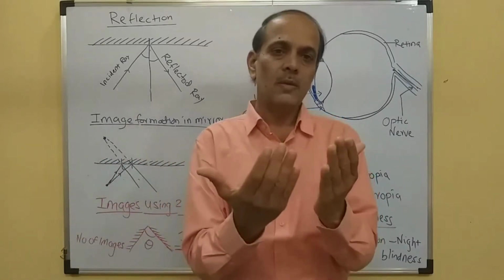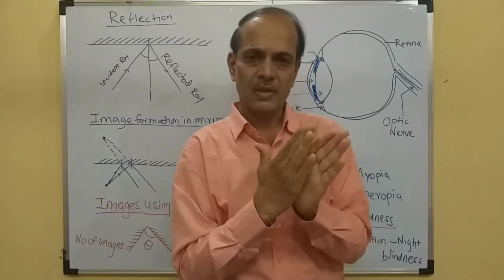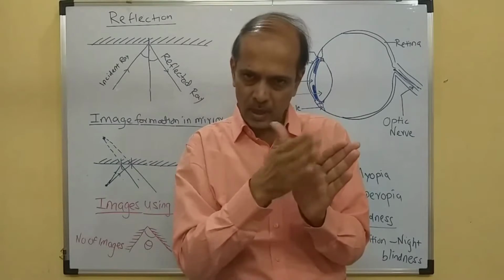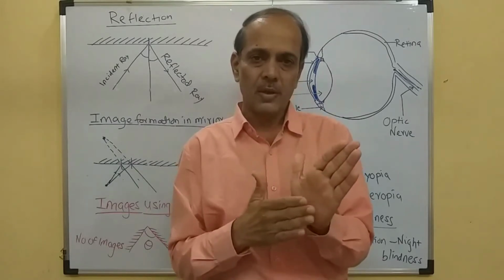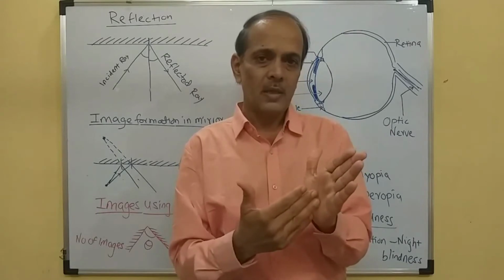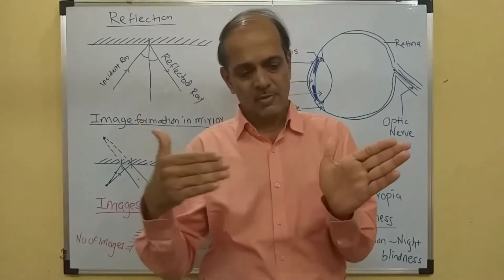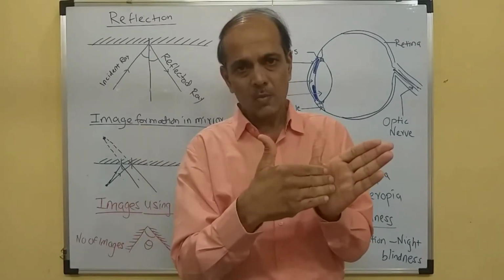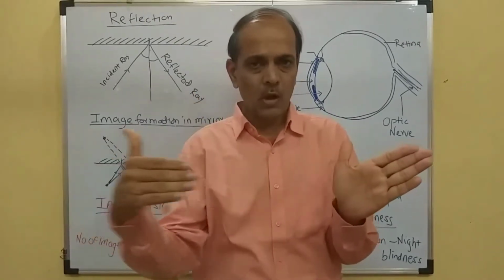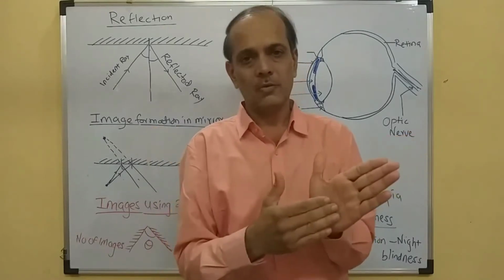When I use a mirror in front of me, a mirror is a polished surface, a smooth surface which does not have any wavy nature. So you can see the reflection of objects clearly in the mirror because the rays which are falling onto the mirror are bouncing off like a ball hitting the wall and bouncing off.